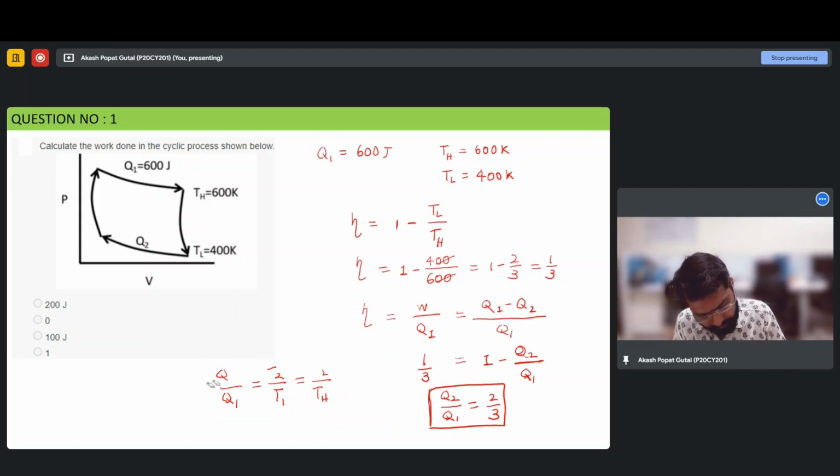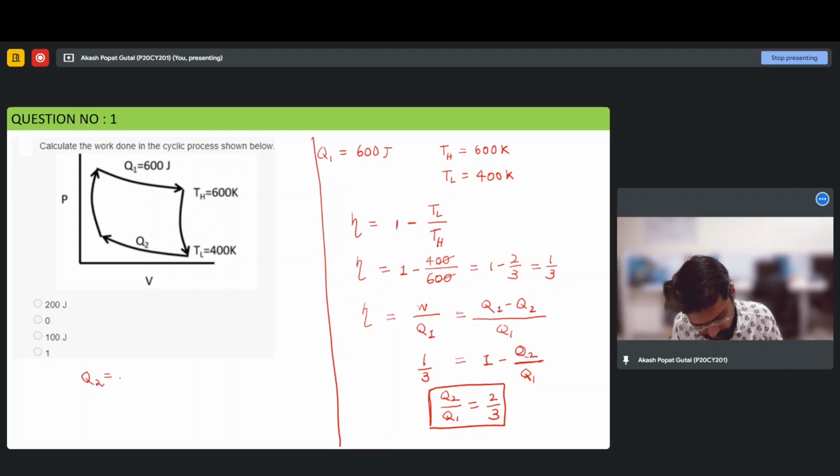Hence, so I'll continue this side. We need to calculate Q2, which is 2 by 3 into 600, which is 400 joules.